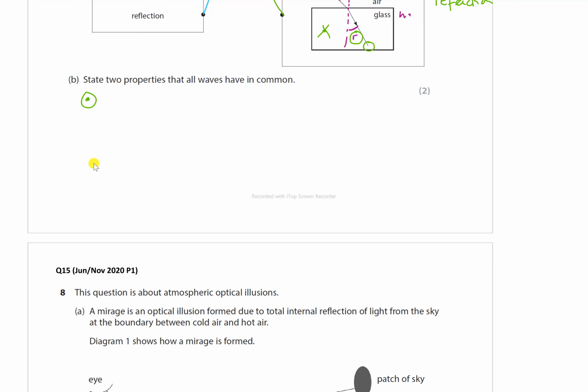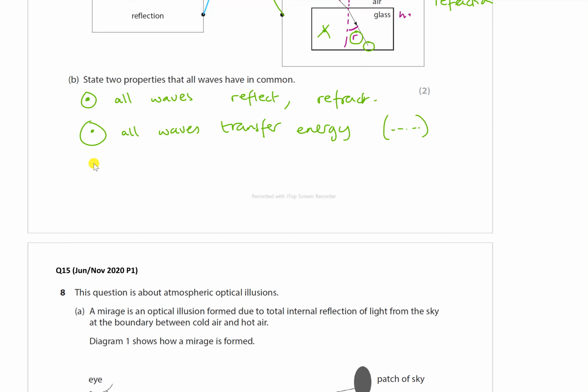So the first one, all waves reflect, they refract. All waves transfer energy. Yeah, you can leave it like that, without transferring matter. You can put that in, but they all transfer energy.